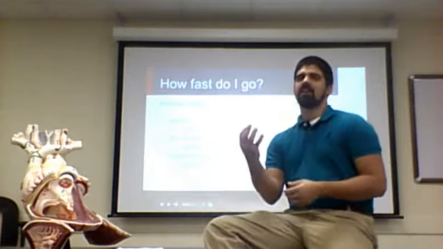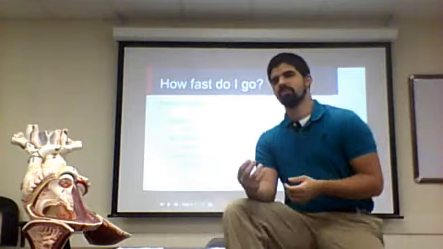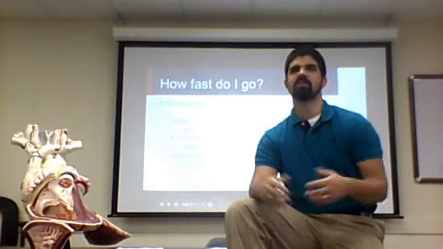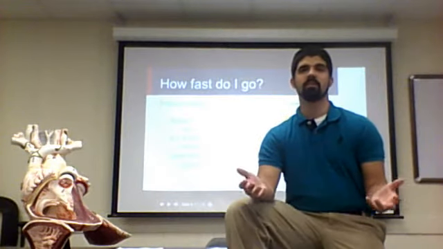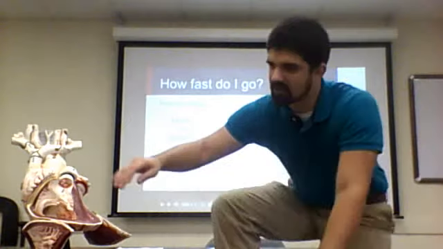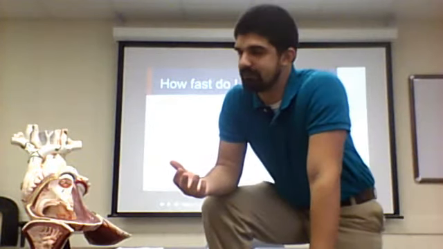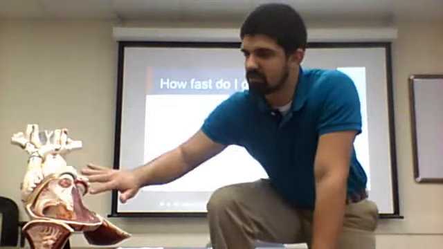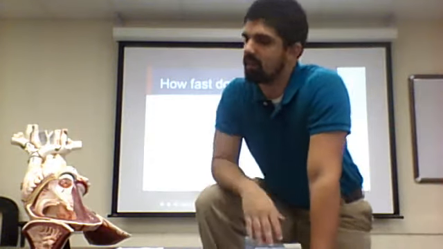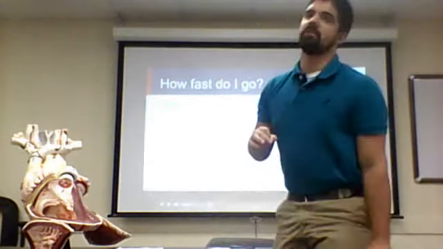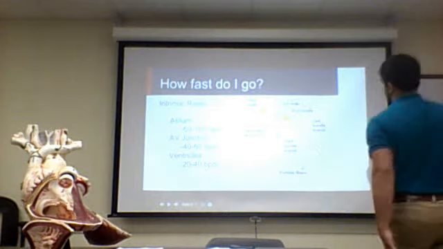Now, say that SA node, sinoatrial node, your pacemaker, isn't working correctly. Some other part of the heart has to take over. If the cell taking the place of the pacemaker was in the junctional area, that has an intrinsic rate of 40 to 60, a little bit slower.